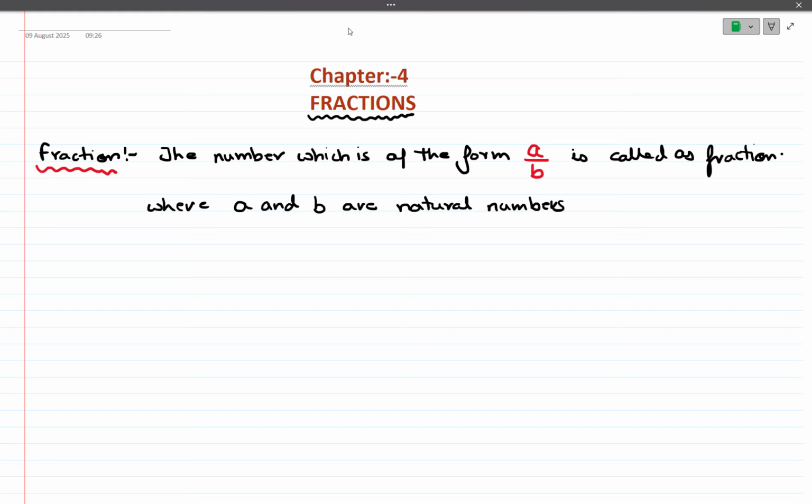So therefore, we can say the numbers which are of the form a upon b are called fractions, where a and b are termed as natural numbers.